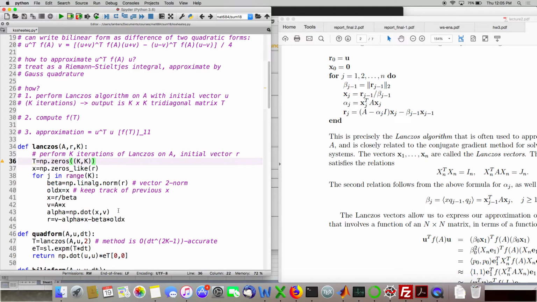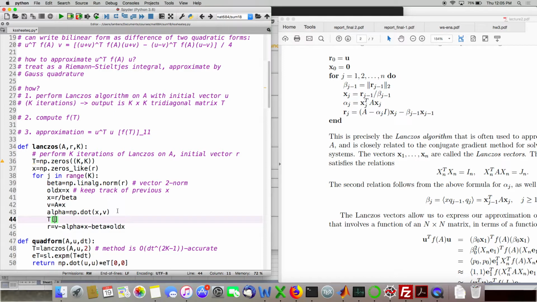And then every time I compute an alpha, I'll put it on a diagonal. And then every time I compute a beta, except for the first one I ignore, for all the other ones, I put on the super and subdiagonal.